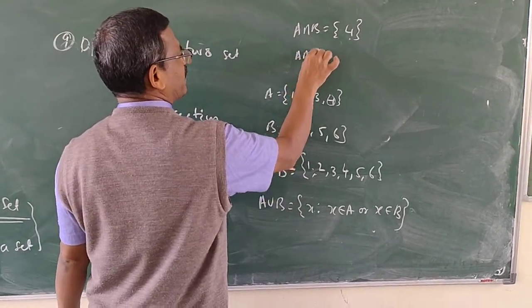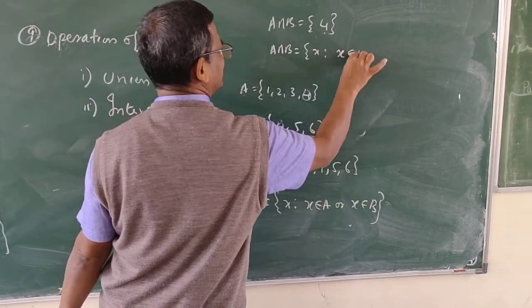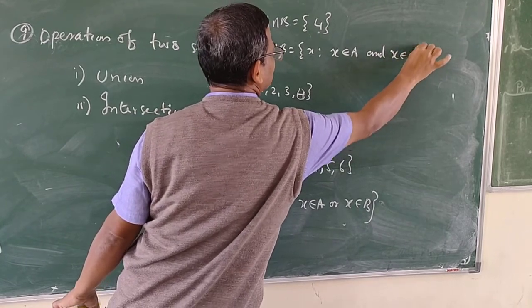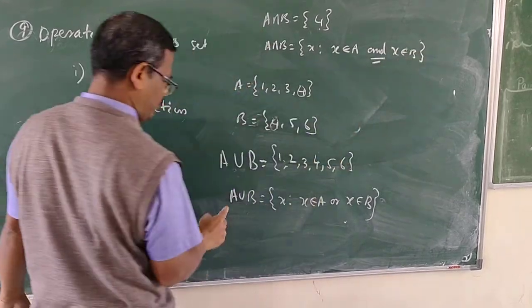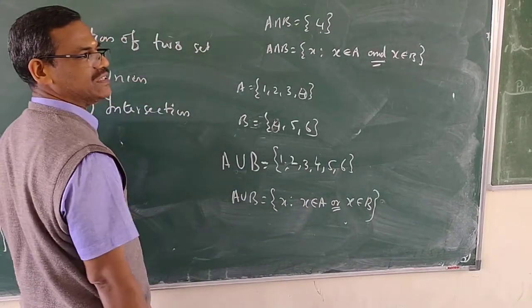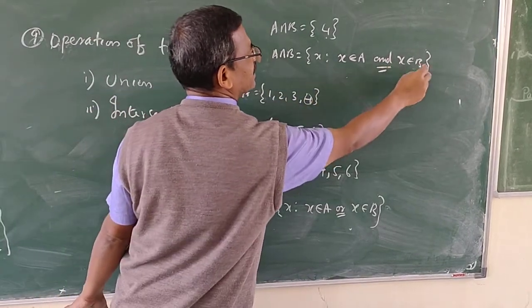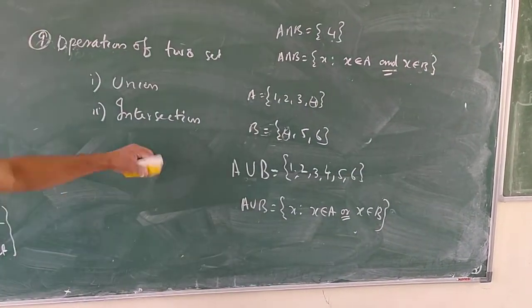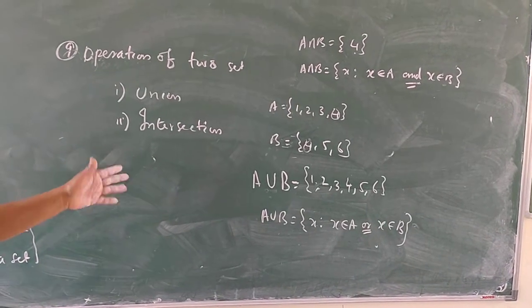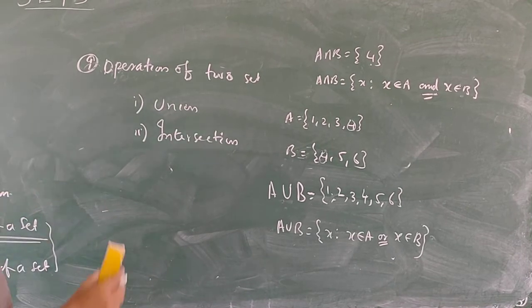So the definition of A intersection B is like this: the set of all x such that x is in A and x is in B. That you should remember. For union, x is in A or x is in B. For intersection, x is in A and x is in B. So that is the way of finding union and intersection. These are the operations of two sets.